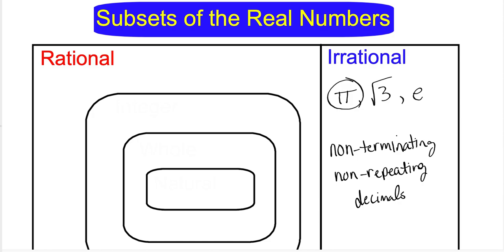So, rational numbers are more like rational people. We can predict them. We know what it's going to be. The best way to write rational numbers would be anything that can be written as a fraction. So, all fractions. And that's fractions that are following the rules of mathematics.